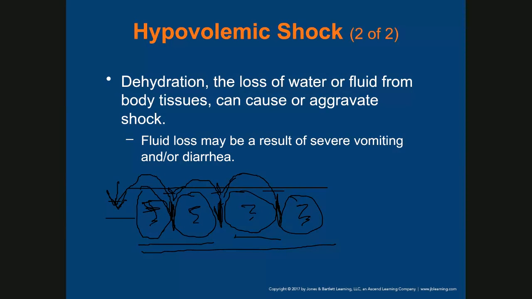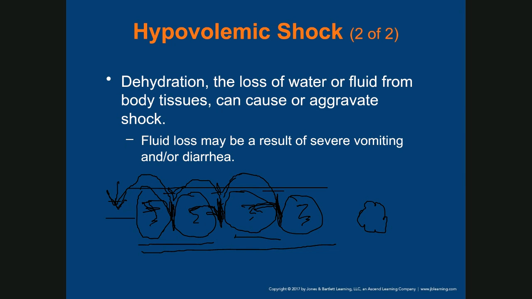So the fluid that is inside the cell shifts out to fill this space. That fluid is moving out. Now, as that occurs, the cell shrinks in size. And when the cell shrinks, that's when the cell becomes dehydrated, right? So that's how we get dehydration of the cell.